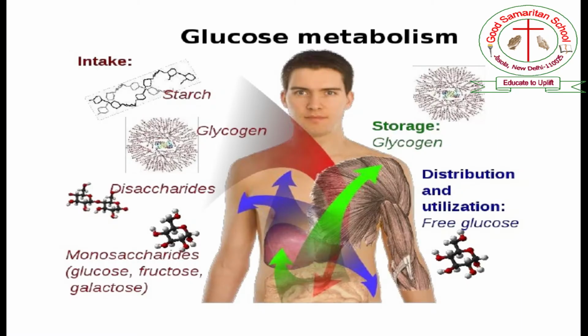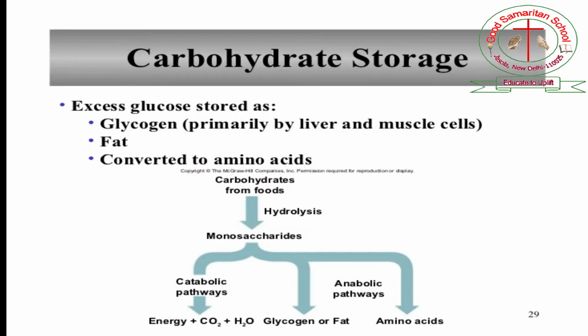The interesting point I want you to note down is that we take carbohydrates in the form of food, and carbs are broken down into glucose for energy to be used by the body. But the excess glucose is converted into glycogen and stored in the muscle and liver for later use.